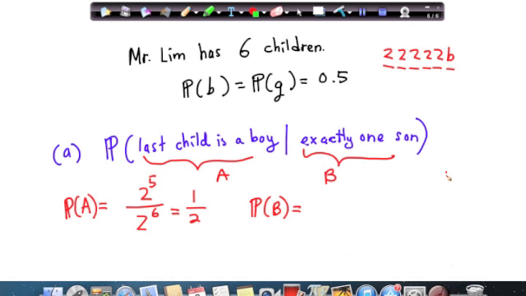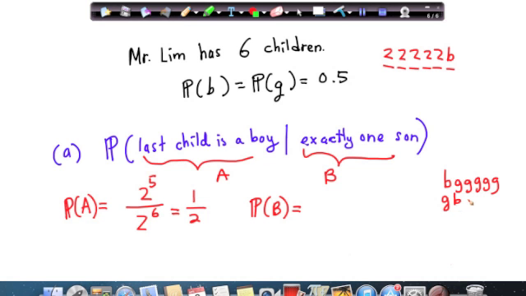For example, it could be the first child. Right, if the first child is a boy, then we have boy, and all the other children are girls. The only son could be the second child.